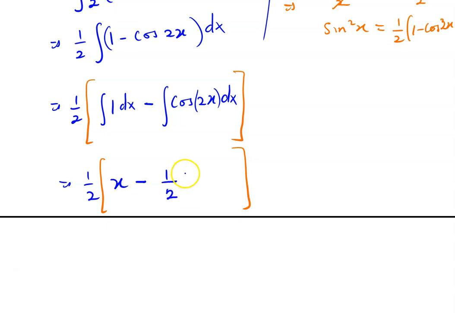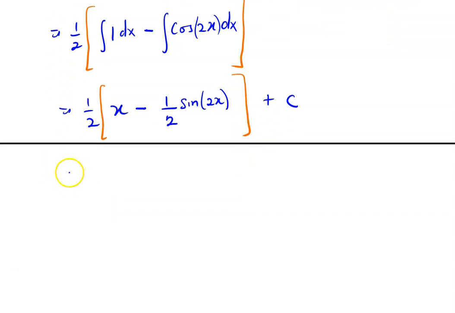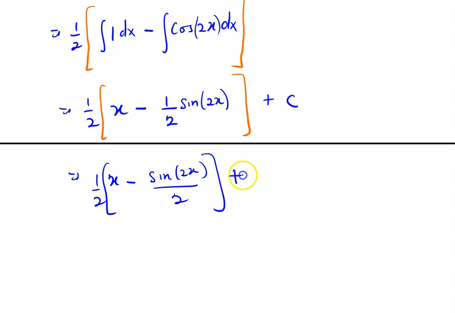Then the cos will be changed to sine, so sine 2x. Then we have plus c outside. So at the end, if you simplify this, you are going to get half into bracket x minus sine 2x, all divided by 2, plus c.